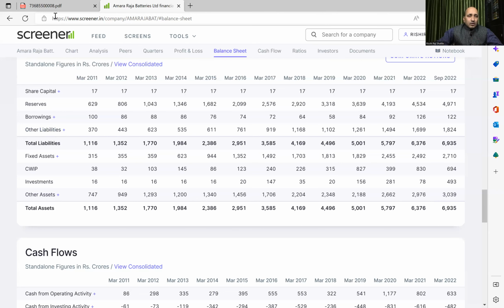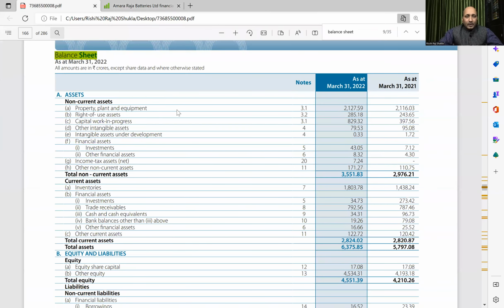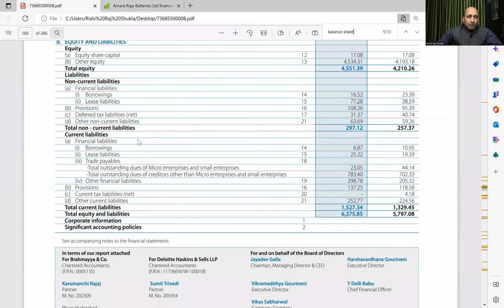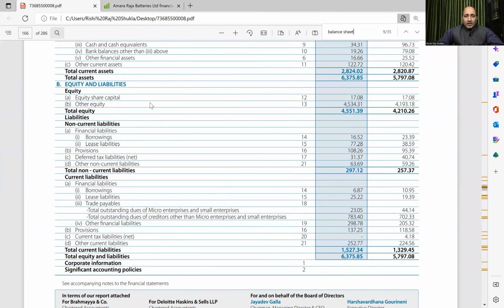Let us see Amara Raja Batteries again. We have taken it from the annual report. In the annual report, we will see all these things written here. That is what we have explained from skinner.com. Here, non-current, we will go to first, second part we have discussed. Equity share capital, other equity. Under other equity, it will come surplus and reserve funds.